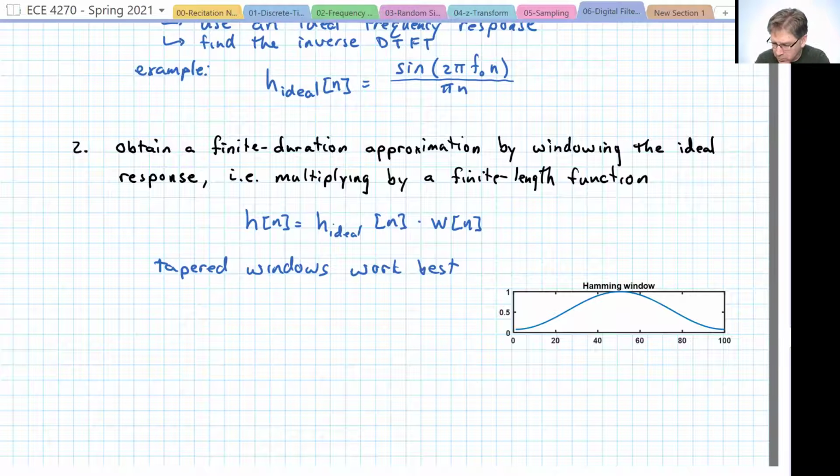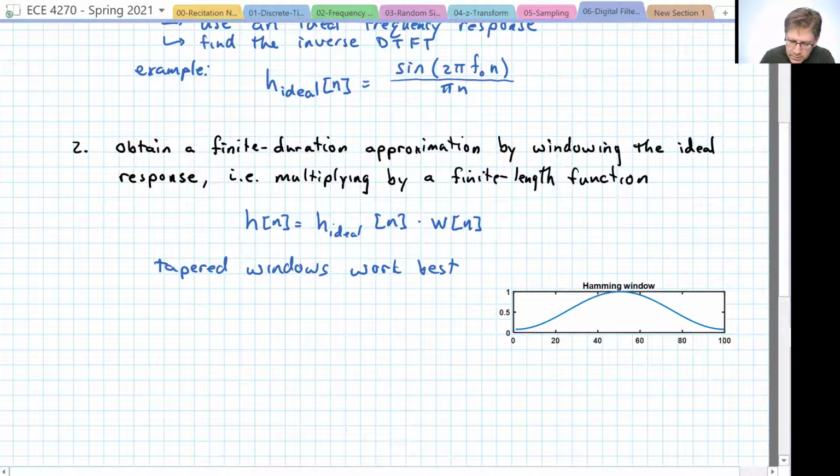The Hamming window, shown over on the right, is an example of a tapered window. Although not shown, it would be 0 outside this interval, and non-zero only inside the interval.